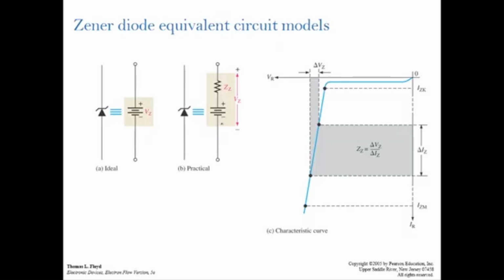In a more practical model, we need to consider the internal resistance inside the Zener diode. This is ZZ, the average resistance at Zener on operation.